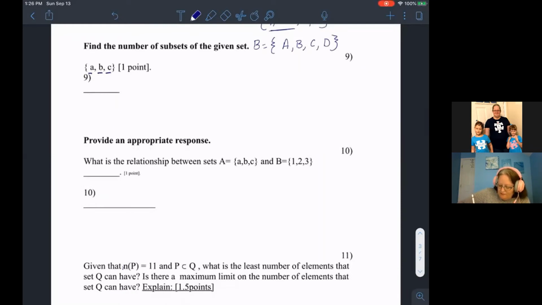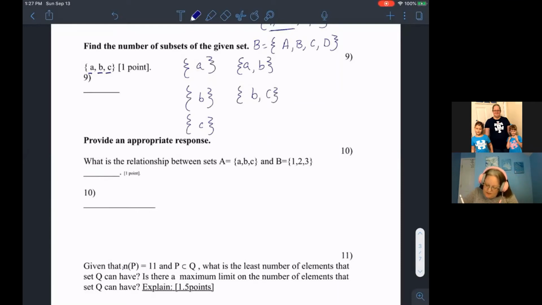It could be A, it could be B, it could be C, it could also be A, B, or B, C, and it also could be A, B, C, A, C, or it could be nothing.